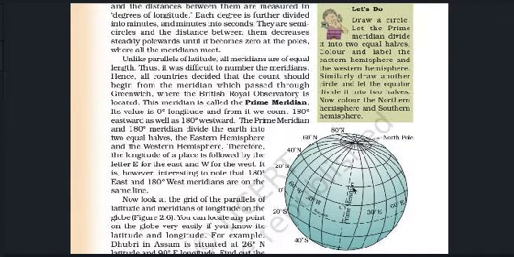You can see in this diagram that there are latitudes as well as longitudes. This middle line is written as prime meridian, and it passes through the London or Greenwich area.